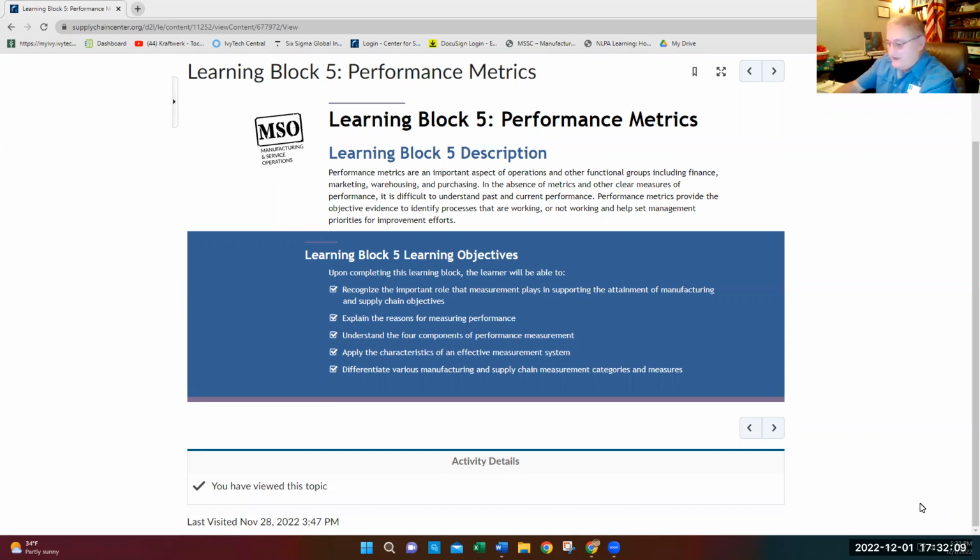So we got 2 relatively small learning blocks tonight, and we'll go ahead and get started with the first one. It's about performance metrics.